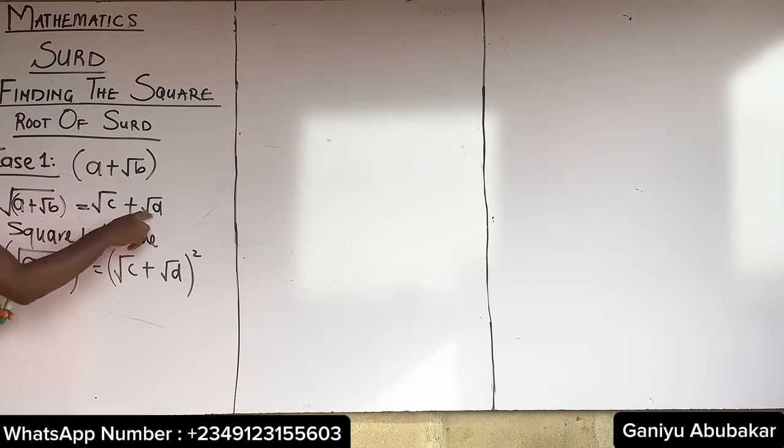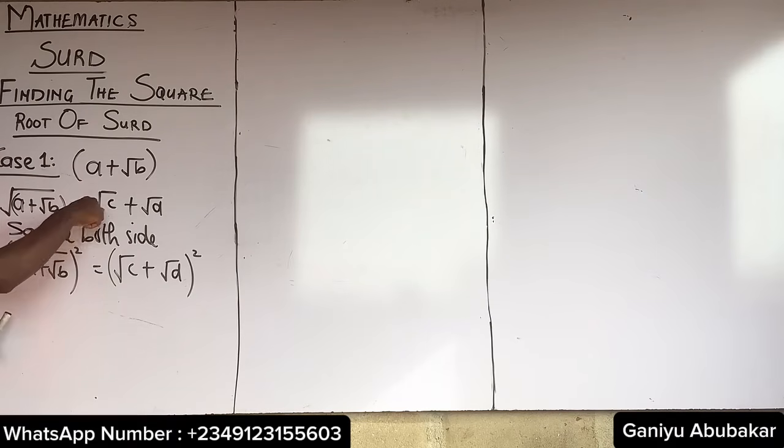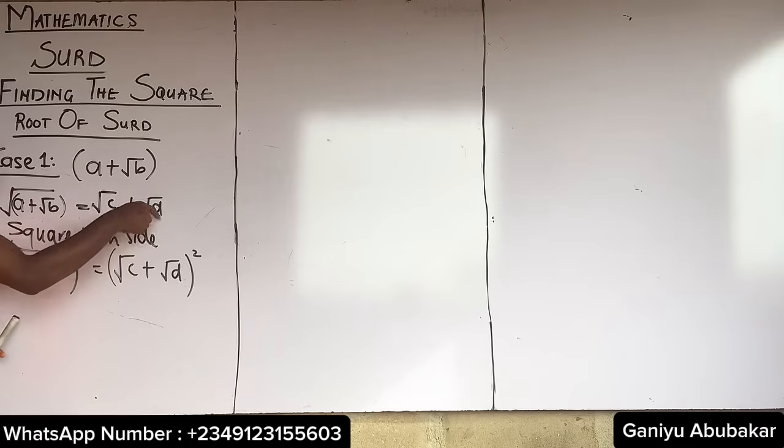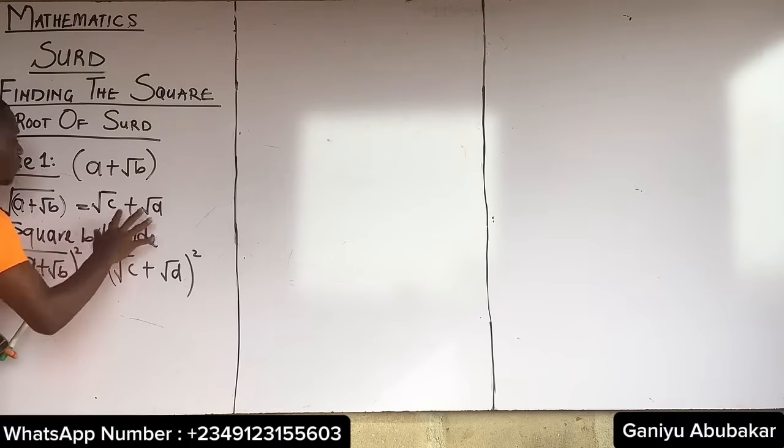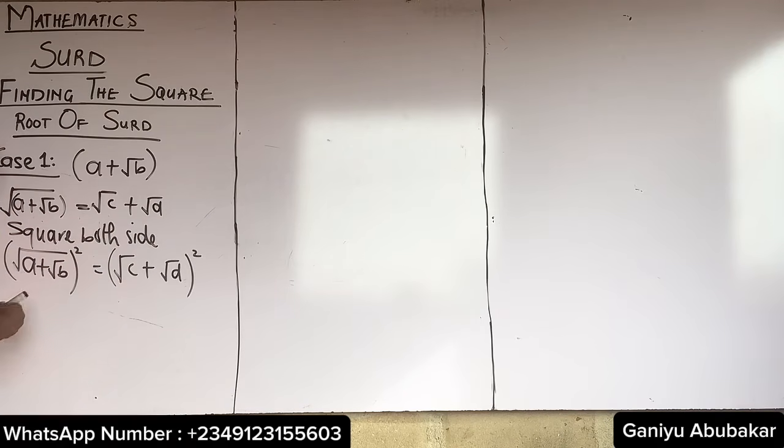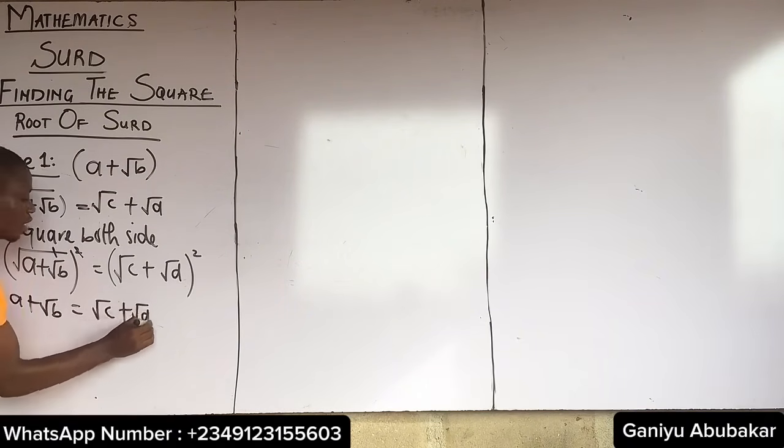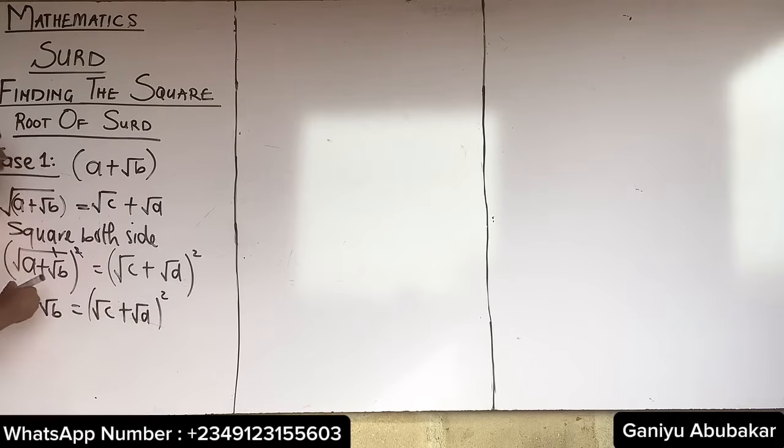That's the rule: the question says find the square root of this expression, so you express it as root something plus root something. Now after that you square both sides. We know that square cancels out square root. So we have a plus root b is equal to root c plus root d all squared.